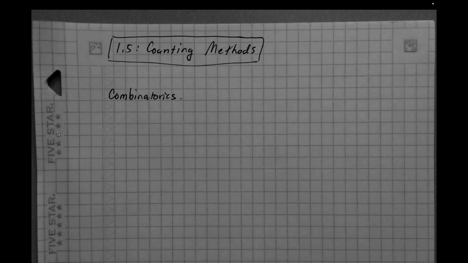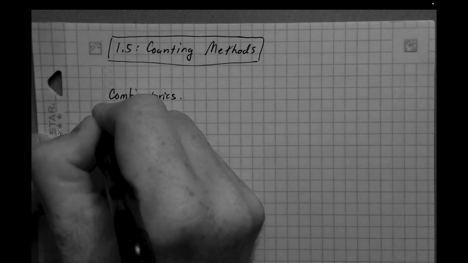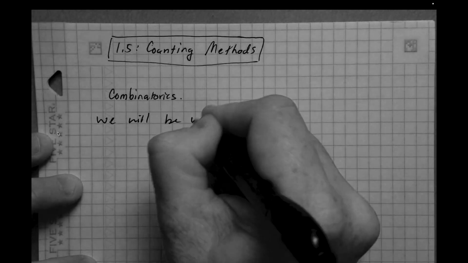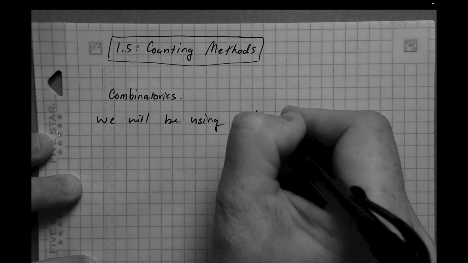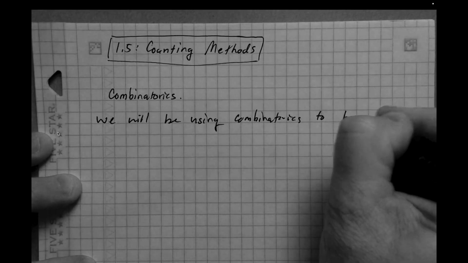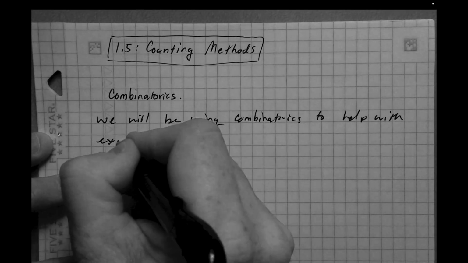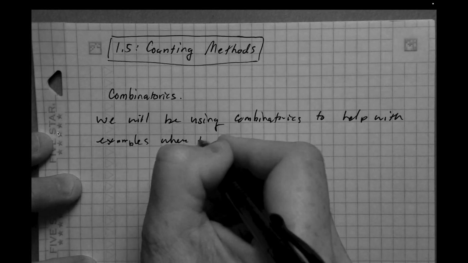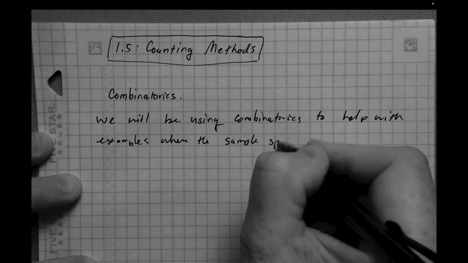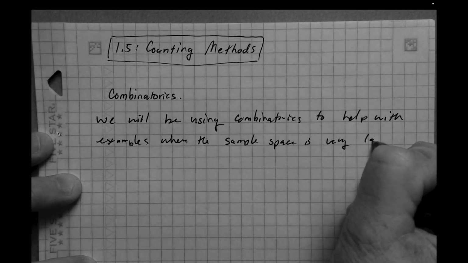The issue that we're butting up against is that sometimes the number of simple events in a sample space is very, very large, and enumerating them is very difficult, if not impossible, without these kinds of advanced tools. So we will be using combinatorics to help with examples where the sample space is very large.